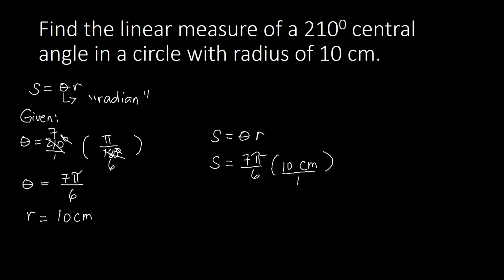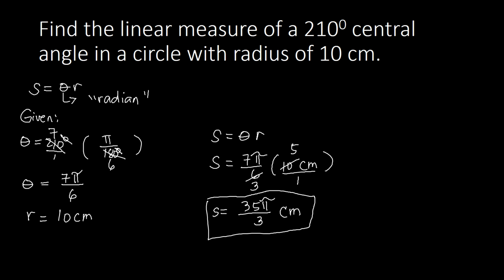So we divide the denominator 6 by 2, that's 3, and the numerator 10 by 2, this is a 5. Simplifying, our S is 7 pi times 5 is 35 pi, and 3 times 1 is 3. We've got a unit, which is cm, and that is what we have as the arc length, or the linear measure.